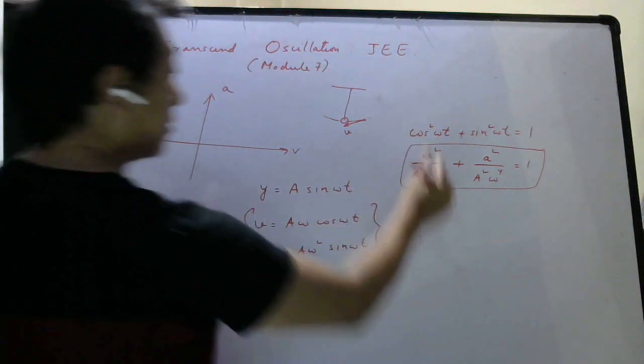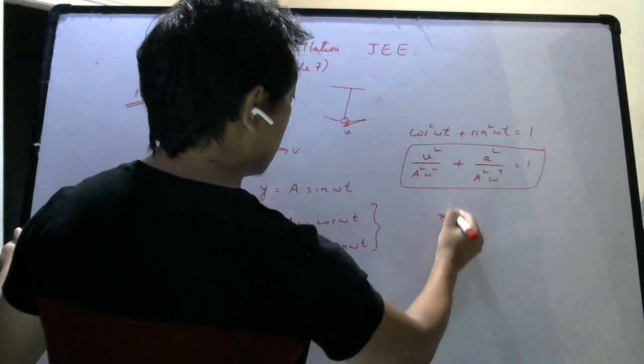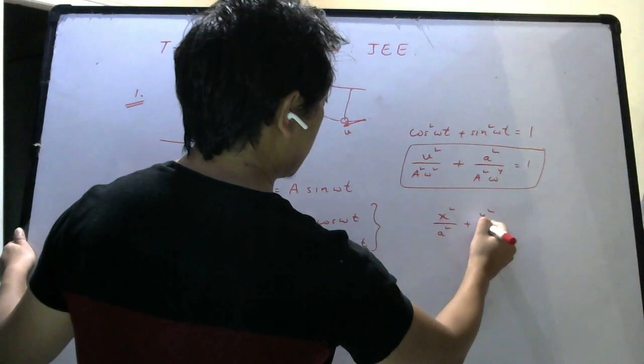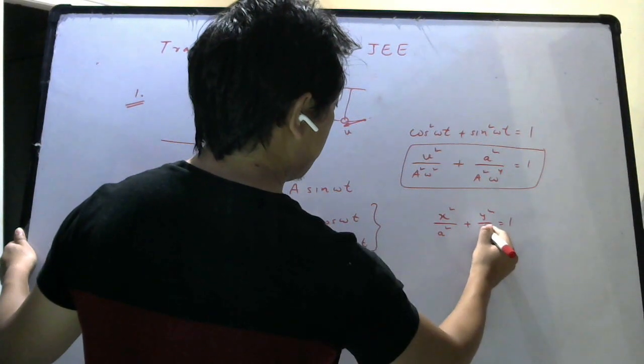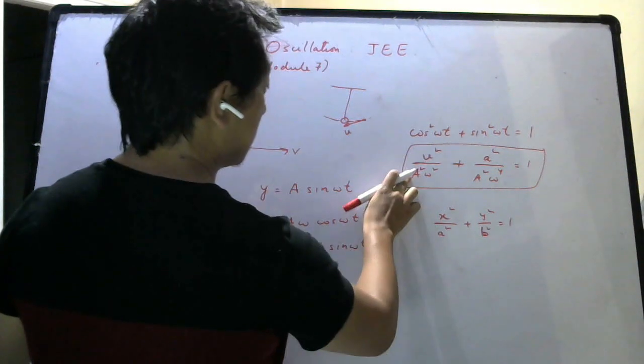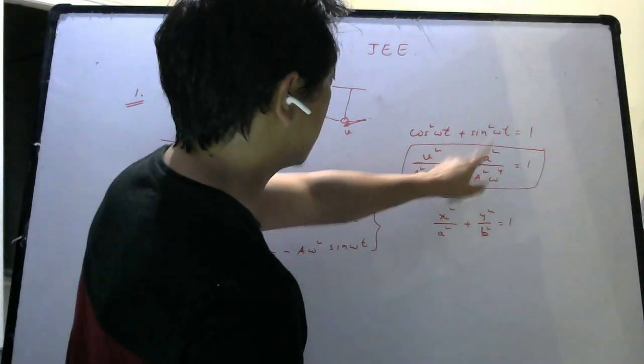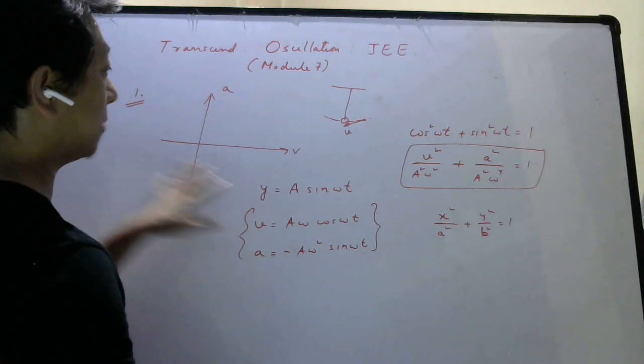Now this is the equation of what? This is the equation of an ellipse, because the equation of an ellipse is x square by a square plus y square by b square equals 1. If you compare this equation with this, it is very clear that the graph between velocity and acceleration will be an ellipse.